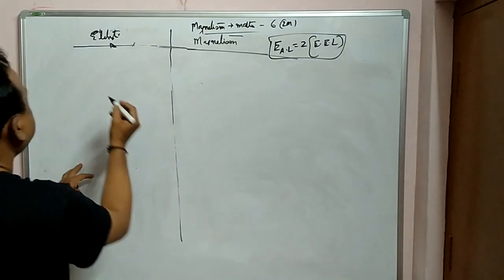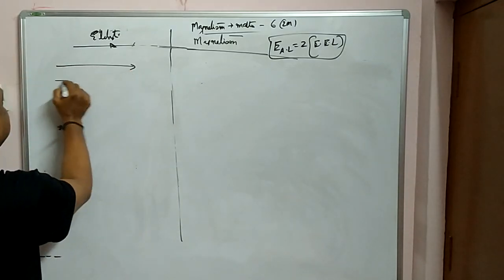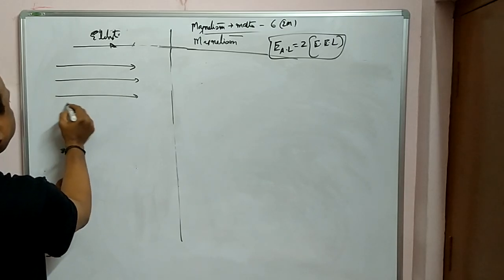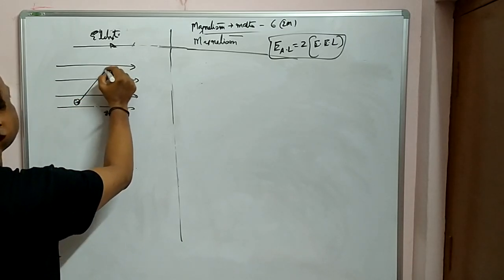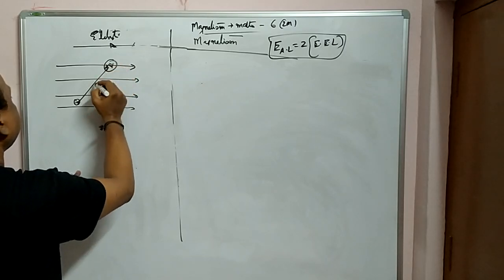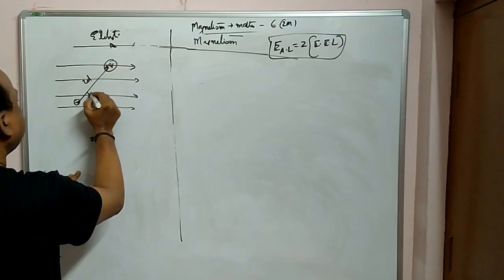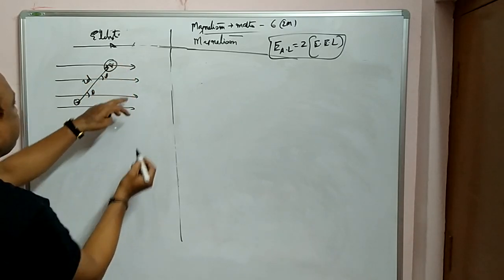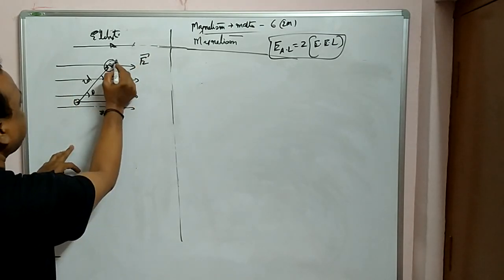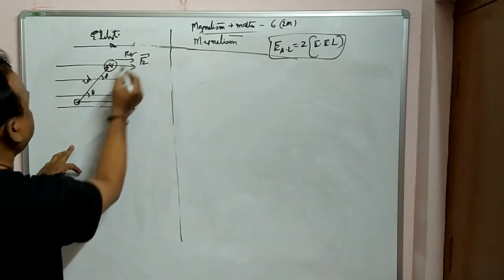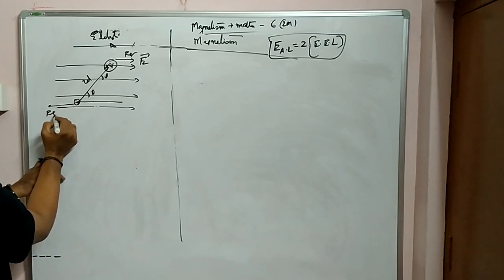in electrostatics, we have seen this is the field direction. This is minus q, this is plus q, 2a distance. If it is making an angle theta with the field, the force acting is Eq, and this is the force acting, minus Eq.